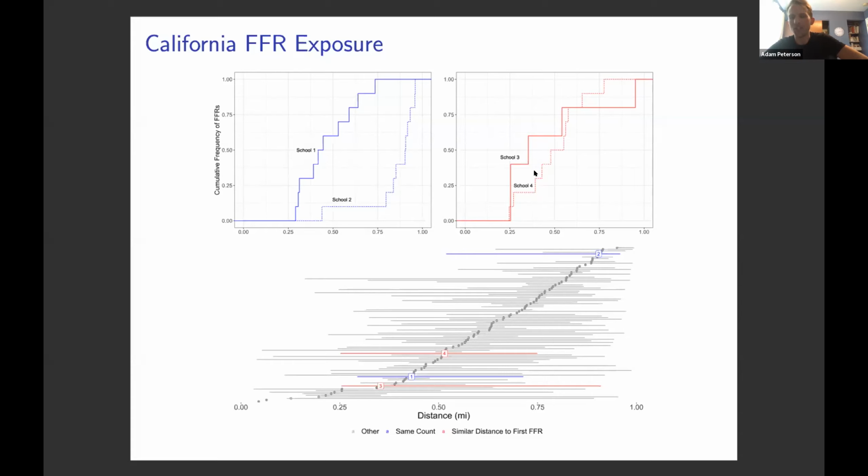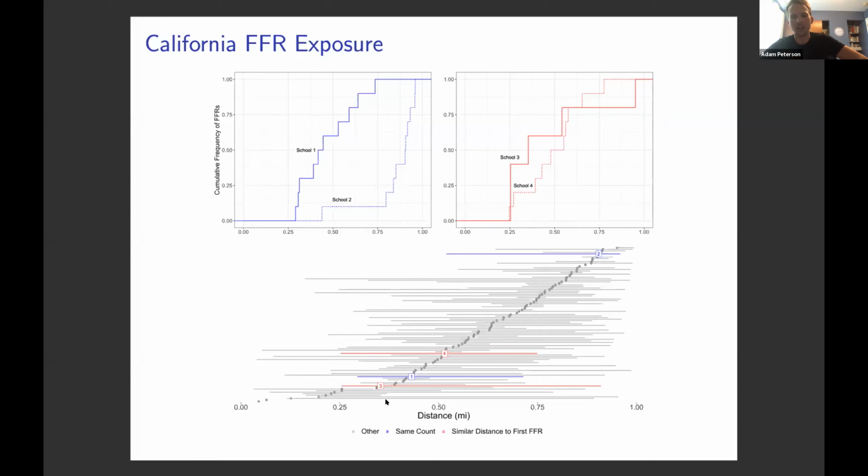But again, you might miss spatial proximity to other fast food restaurants, like we see between School 3 and School 4. They both have a similar distance to that first fast food restaurant, but School 4 has a lot more fast food restaurants close by to that first restaurant as opposed to School 3. And all of this is amidst a highly variable distance distribution.